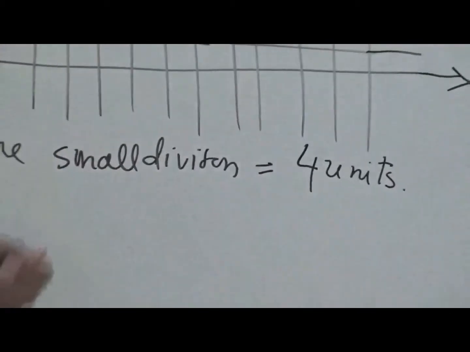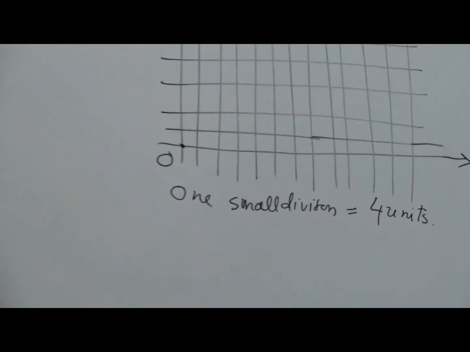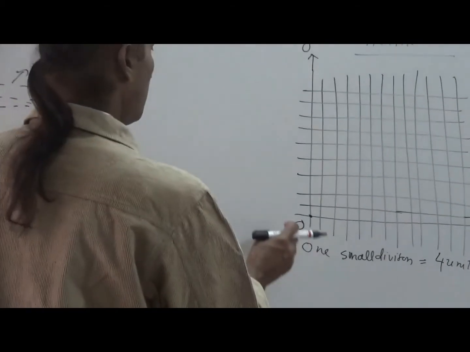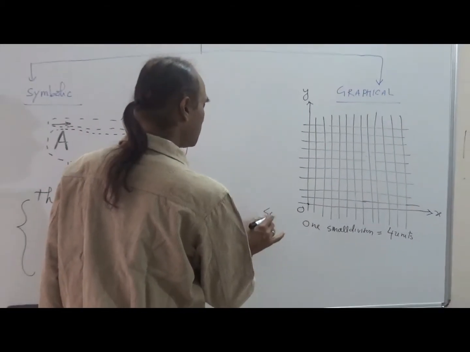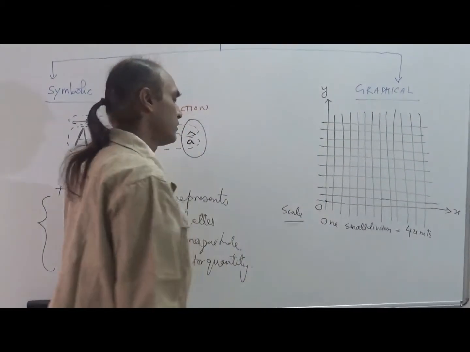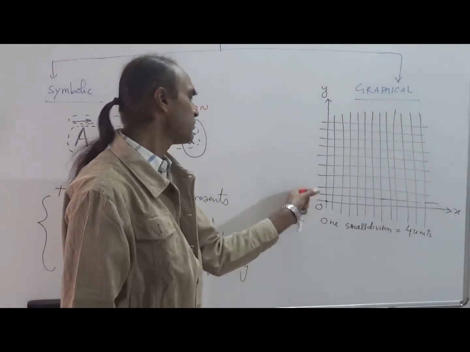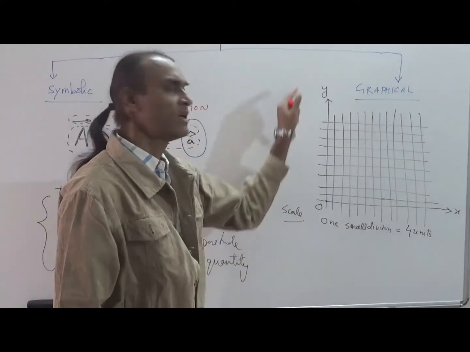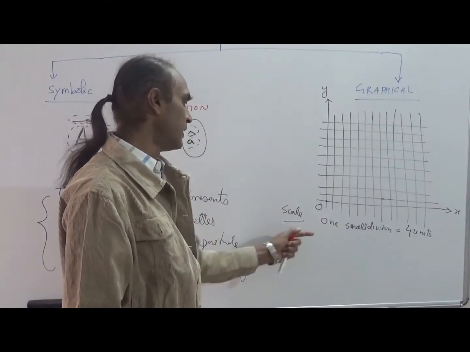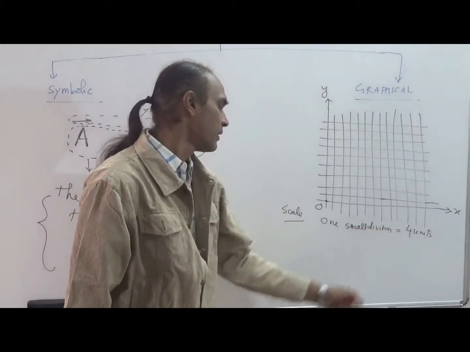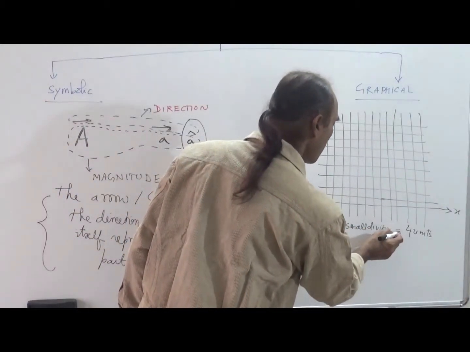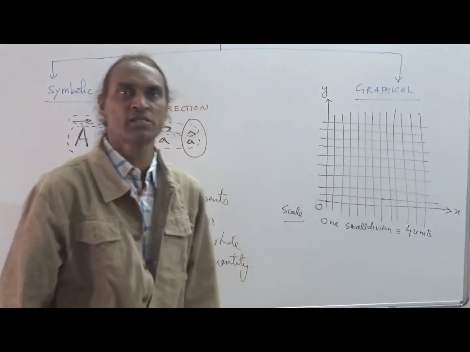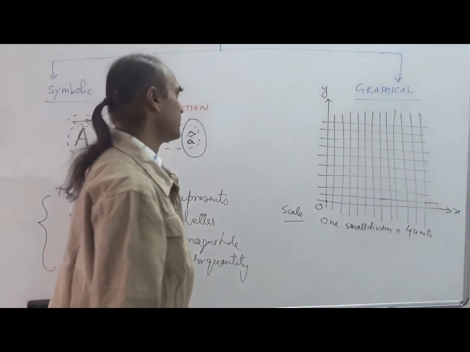I am taking it arbitrarily. This is called a scale. Each small division along the x-axis and y-axis can be made equivalent to 4 units of a given vector.